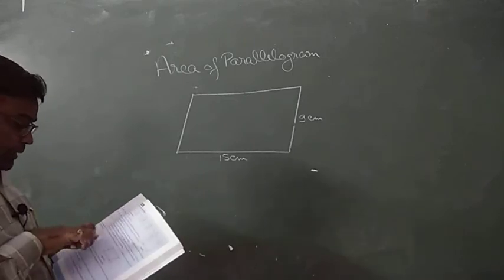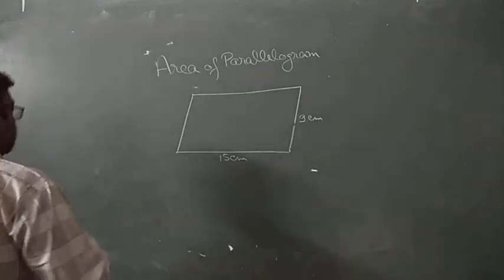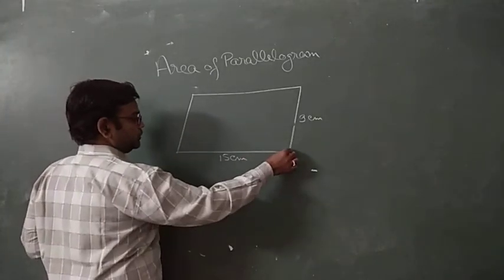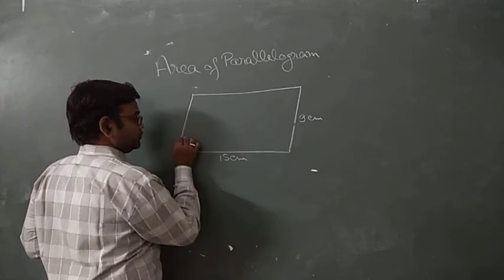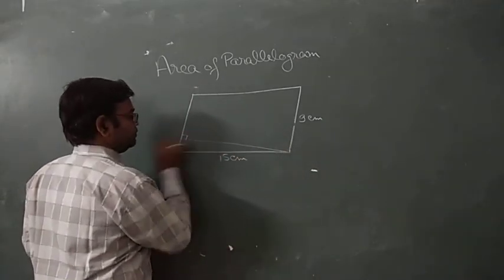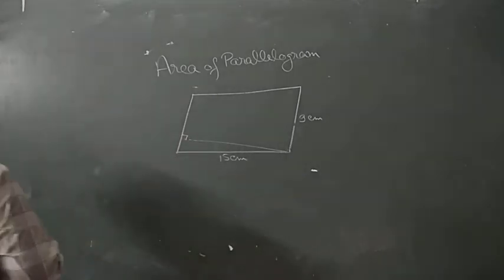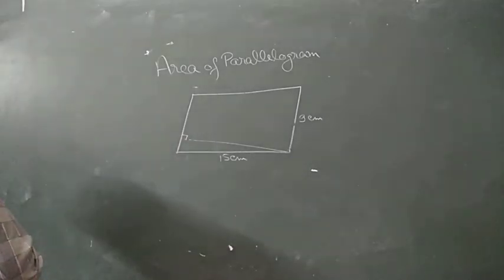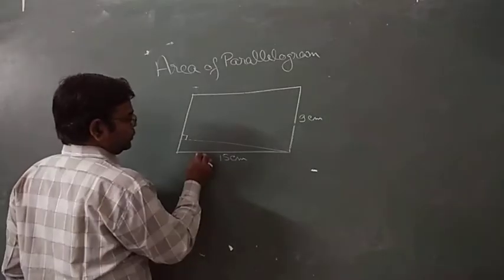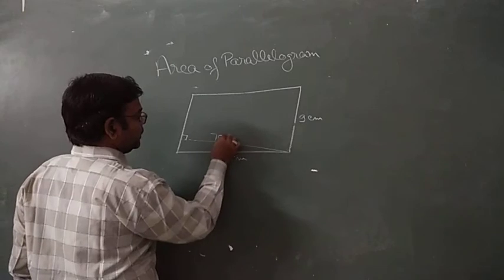And one height is given, the perpendicular distance between the shorter side, this one, is 7 centimeter.